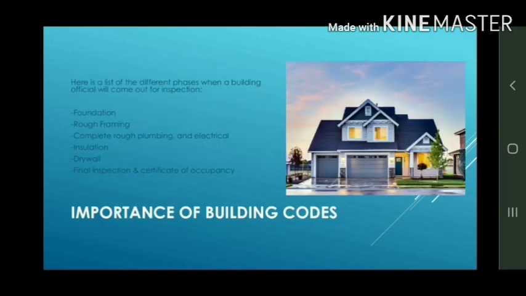So here is a list of the different phases when a building official will come out for inspection. So, inspect niya yung foundation ng bahay, yung rough framing, yung complete rough plumbing and electrical insulation, drywall, final inspection, and certificate of occupancy. Okay?